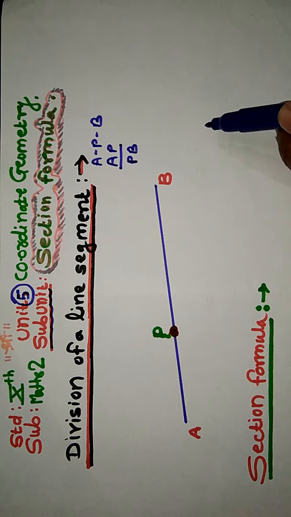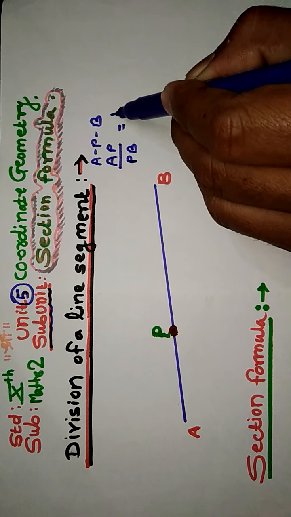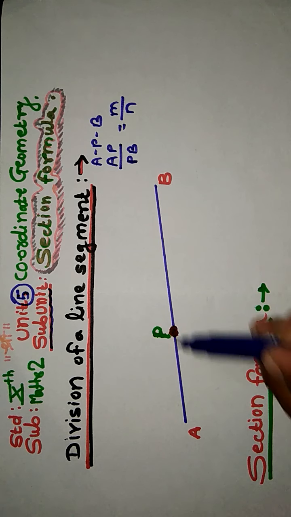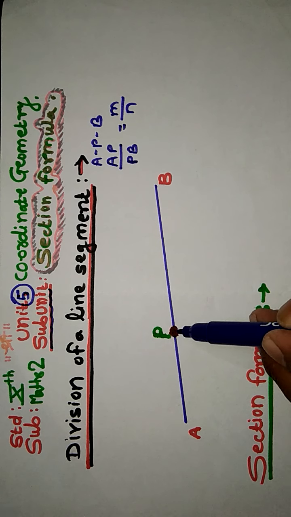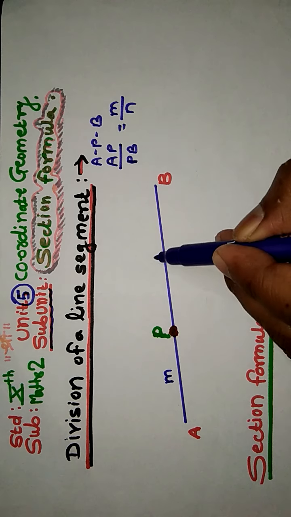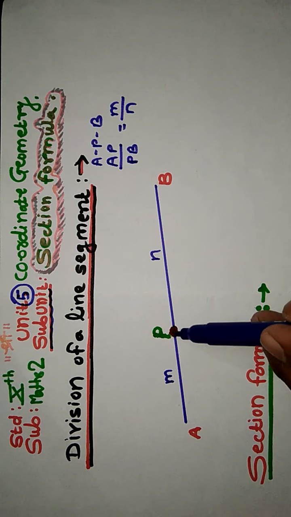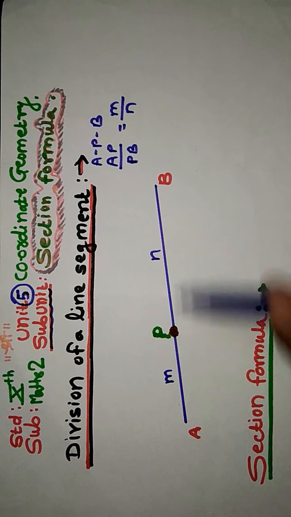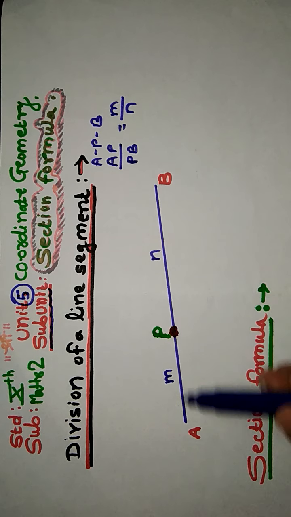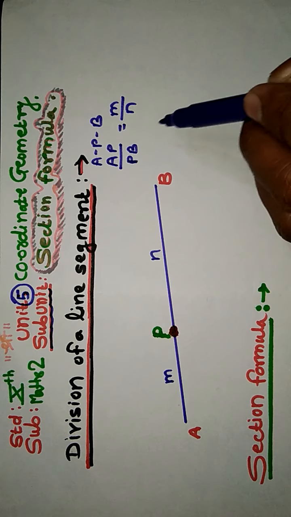If we denote this ratio as m is to n, meaning m divided by n, then P divides AB internally in the ratio AP is to PB, that is, in the ratio m is to n. Means if P lies on AB, then there are two parts AP and PB, where P divides AB in the ratio AP is to PB.